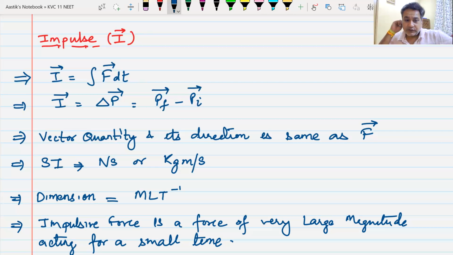Questions have come on this impulse. That is why we are doing this.